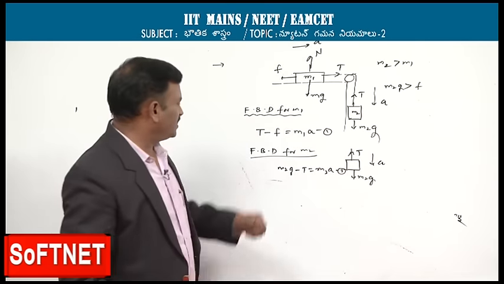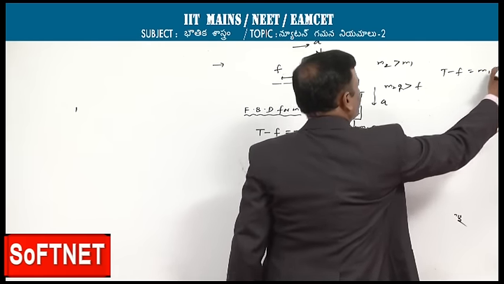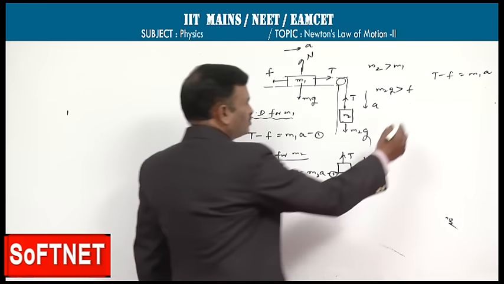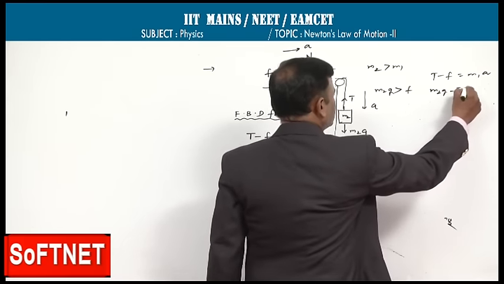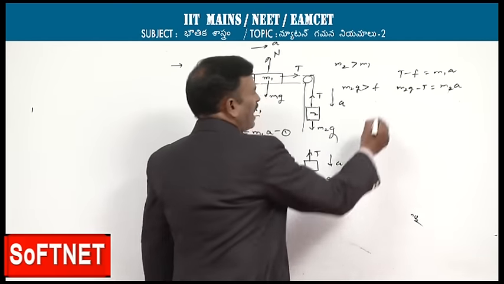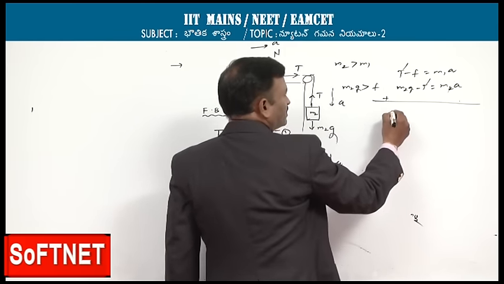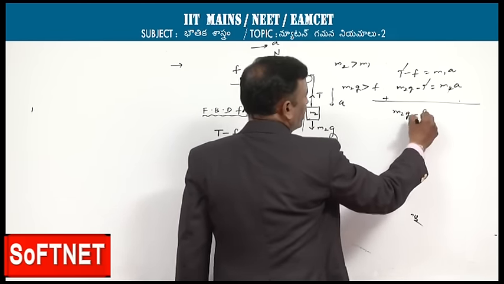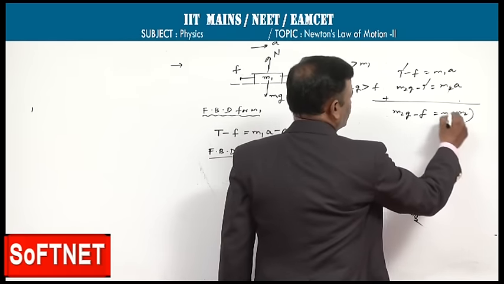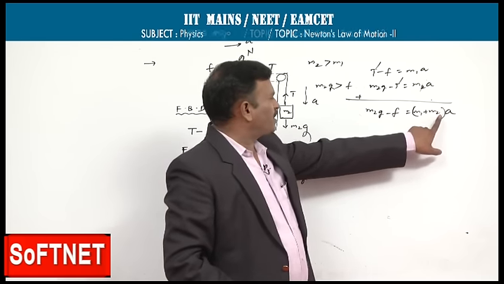First equation is T minus f equal to m1a, and the second equation is m2g minus T is equal to m2a. Adding these two equations, here T and T will get cancelled, then m2g minus f should be equal to m1 plus m2 into a.